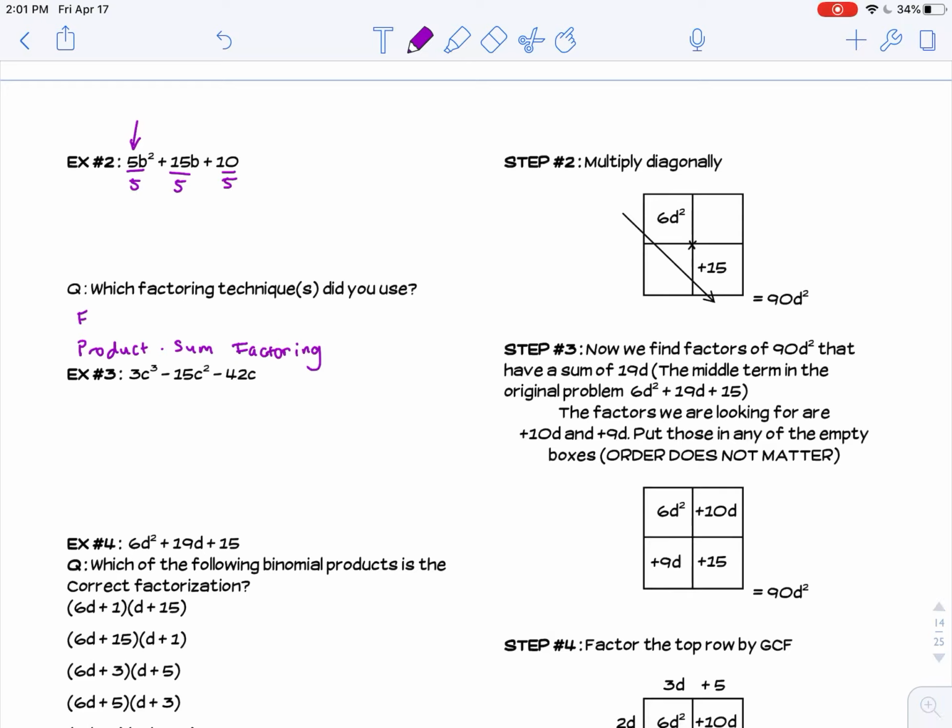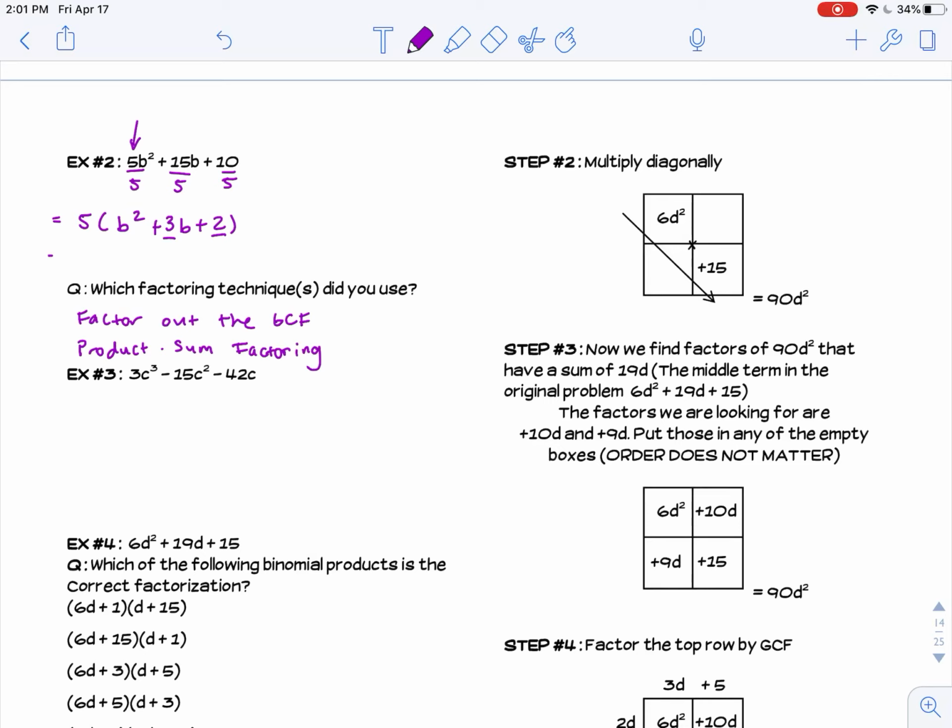So we can first factor out the greatest common factor and get this. And then realize that now we need two numbers that multiply to equal 2 and add to equal 3.